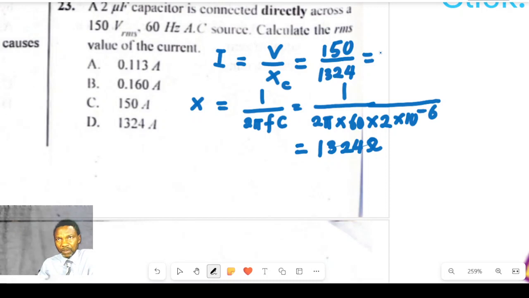That will give you the current, which is 0.113. So 23 is going to be A. So that is the answer for question number 23.